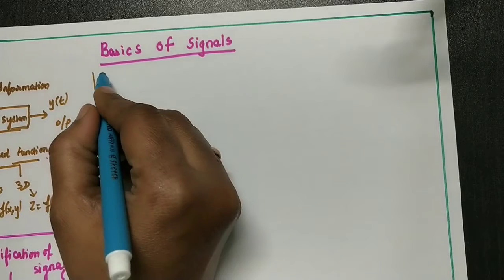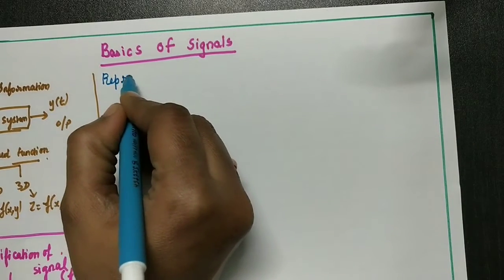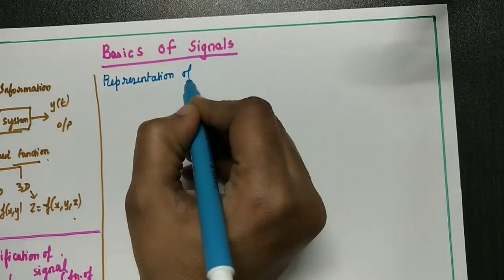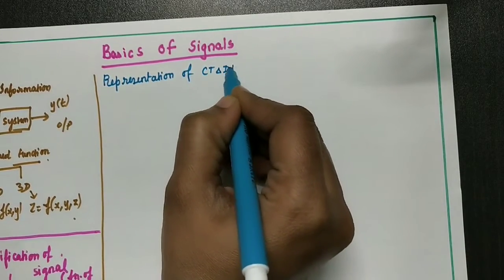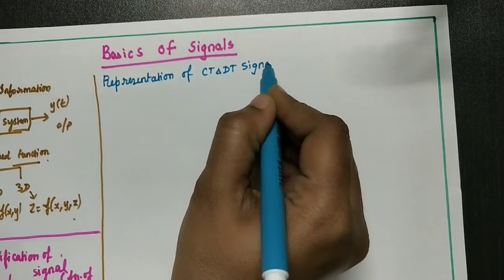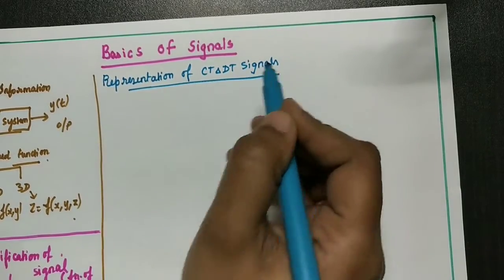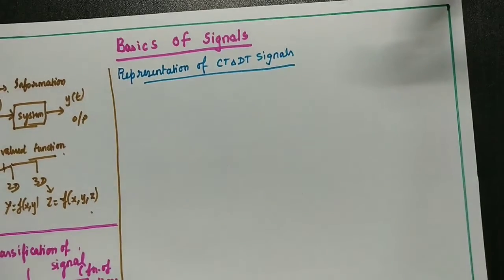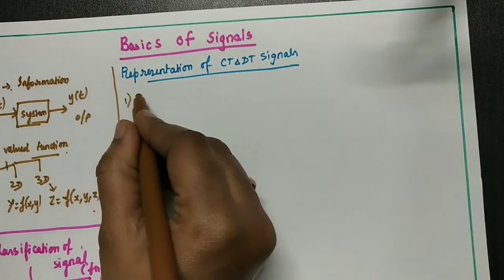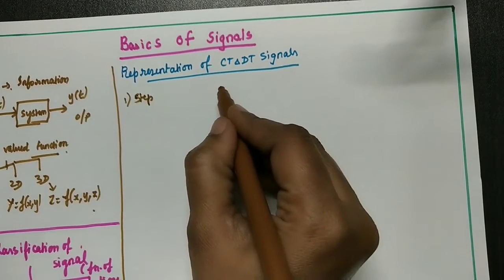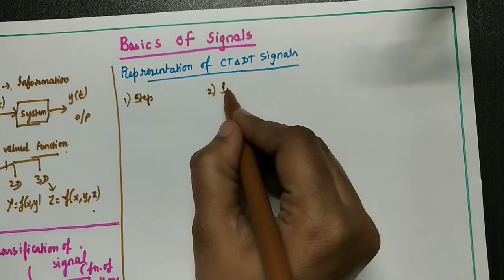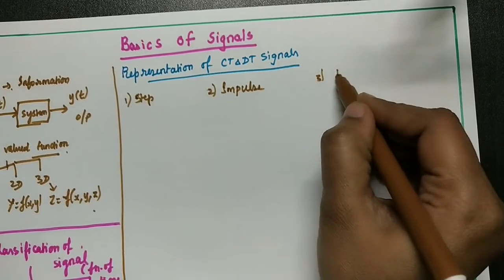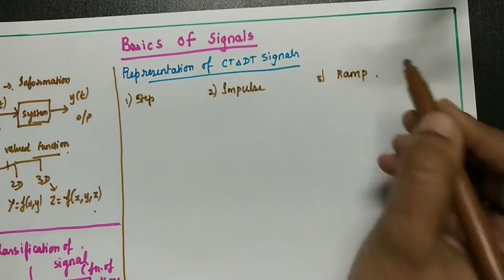Now let us discuss the representation of CT and DT signals. Normally, what are the types of signals? First one is the step signal, the second one is the impulse, and the third is the ramp.